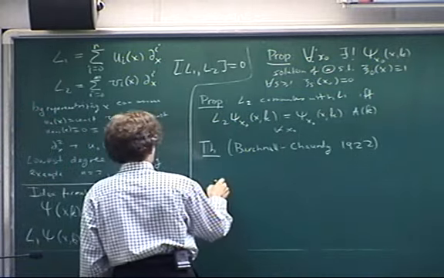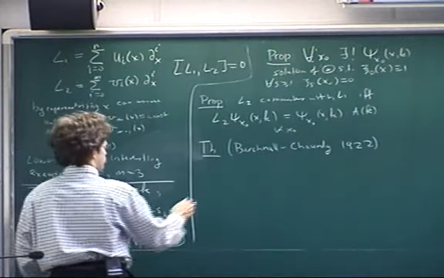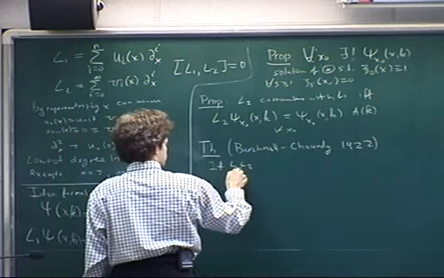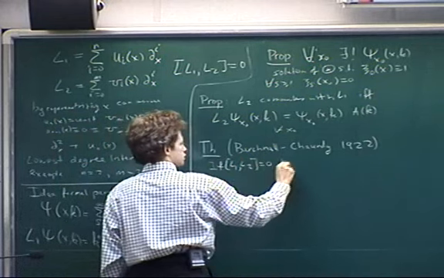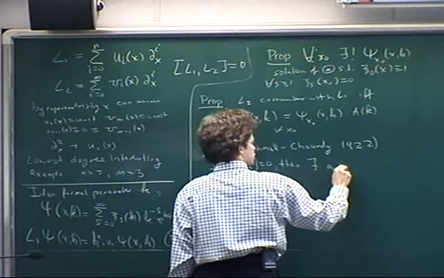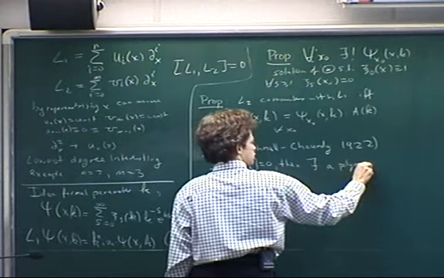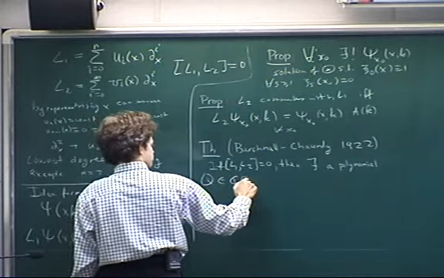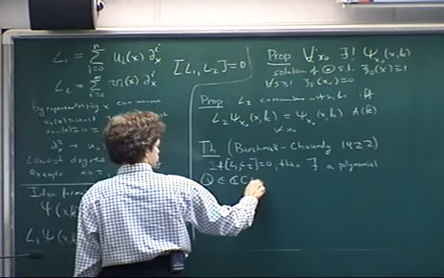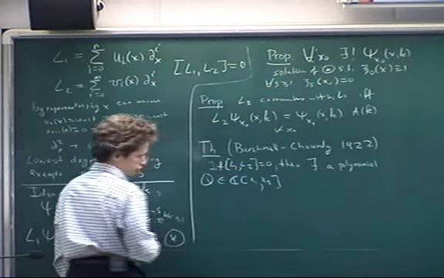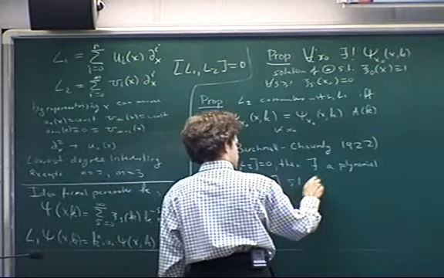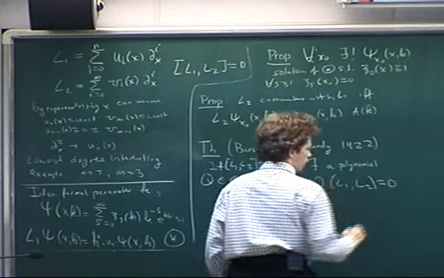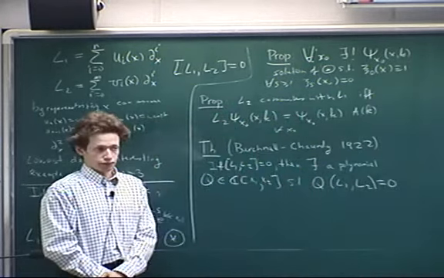And the theorem is as follows: in this setup, if L1 and L2 commute, then there exists a polynomial Q of two variables, x1, x2, such that this polynomial Q of L1 and L2 is 0 as a differential operator. Okay?